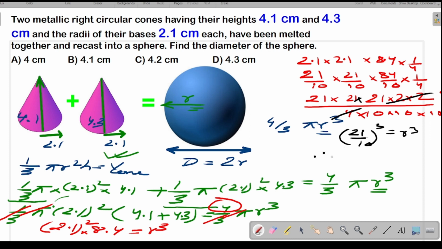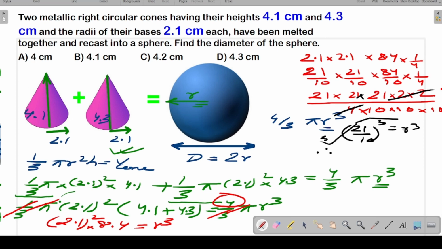So therefore, taking cubic root on both sides, we are left with r equal to 21 by 10, and diameter equal to 2r.